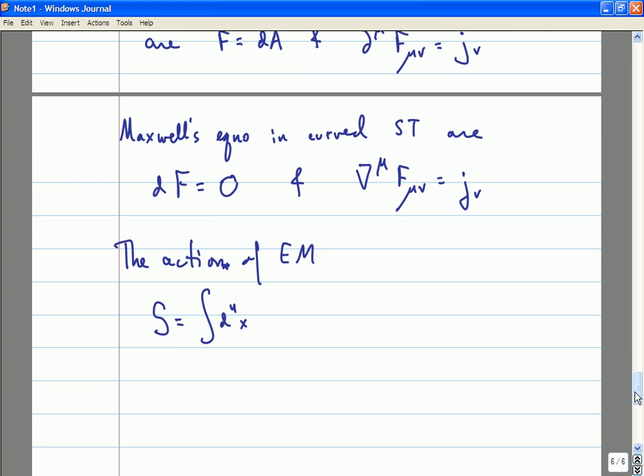And that action is just the integral d^4x of F_μν F^μν. Or in curved spacetime, the integral d^4x of the square root of minus g, F_μν F^μν. And there's a coefficient out front, which is just some conventions, which is minus a quarter.